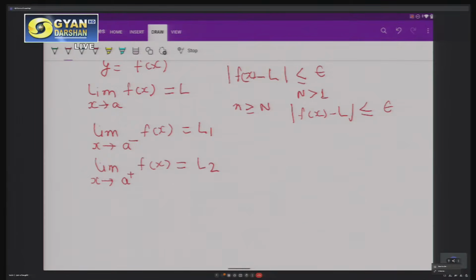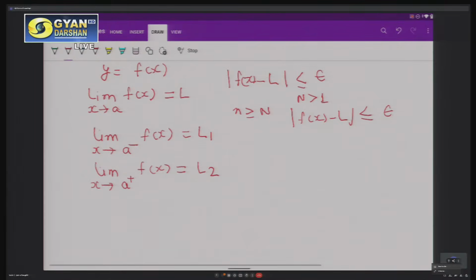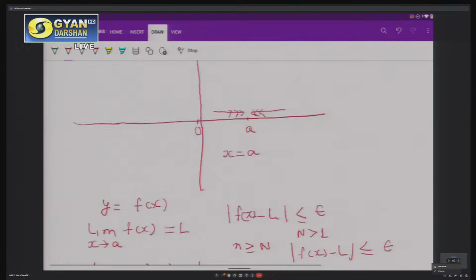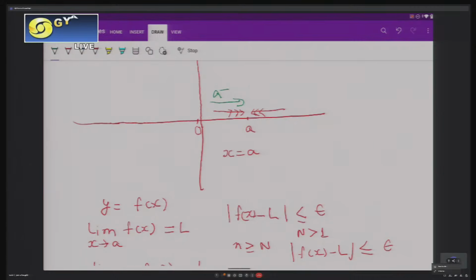So you see in this figure, we are approaching from this side, it is a minus, and we are approaching from this side, it is a plus.